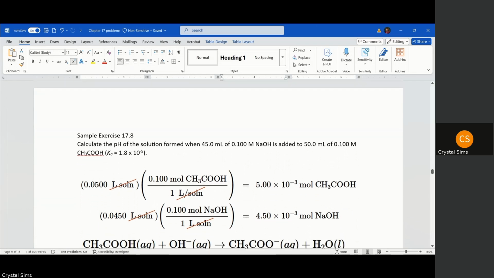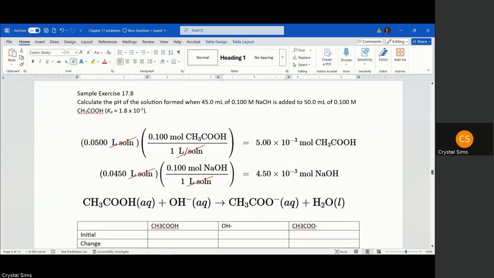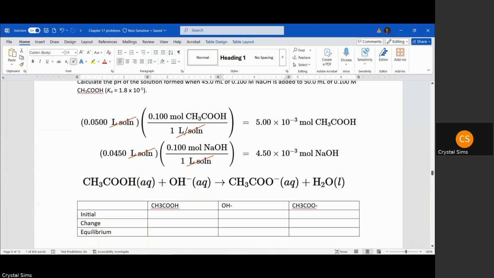So looking at our equation and then filling in, again, kind of our modified ICE table here. We don't consider water. We don't have to worry about it because it's a liquid.